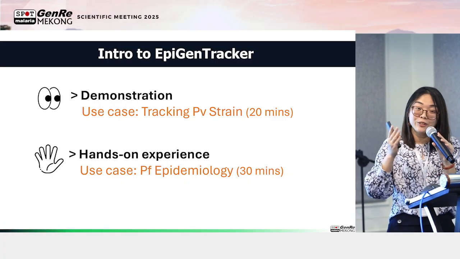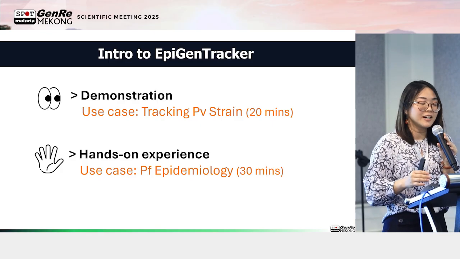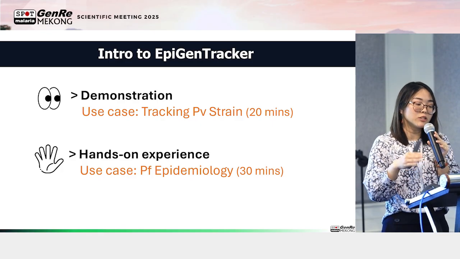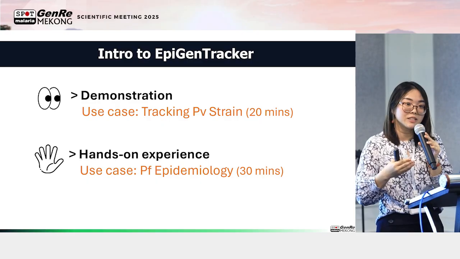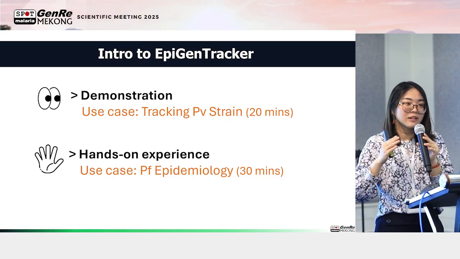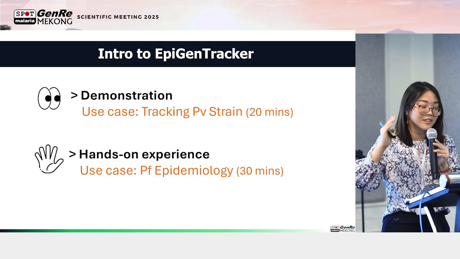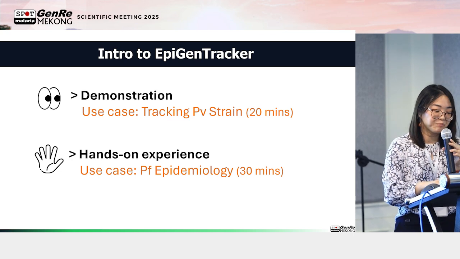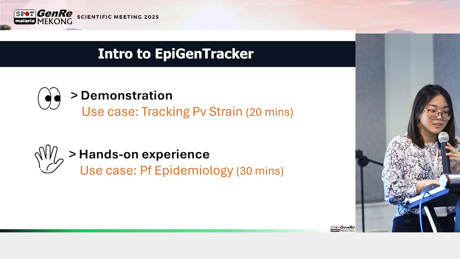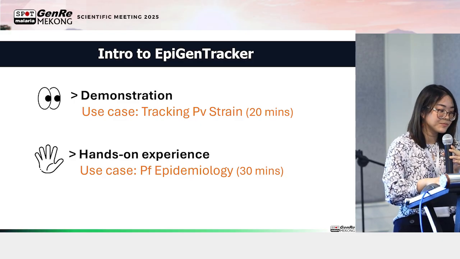And then after that, you do have a chance to explore the tool yourself, using the already published PF surveillance data that I've sent to you in the email, or if you do not have it, we can give it to you. So you get about half an hour to explore the data yourself afterwards.